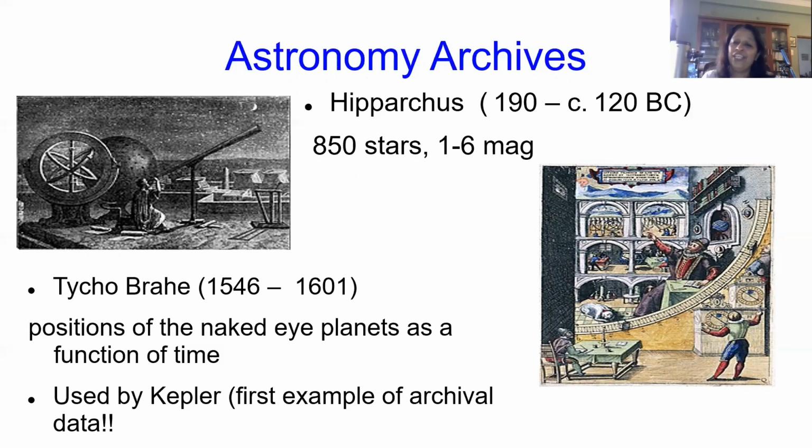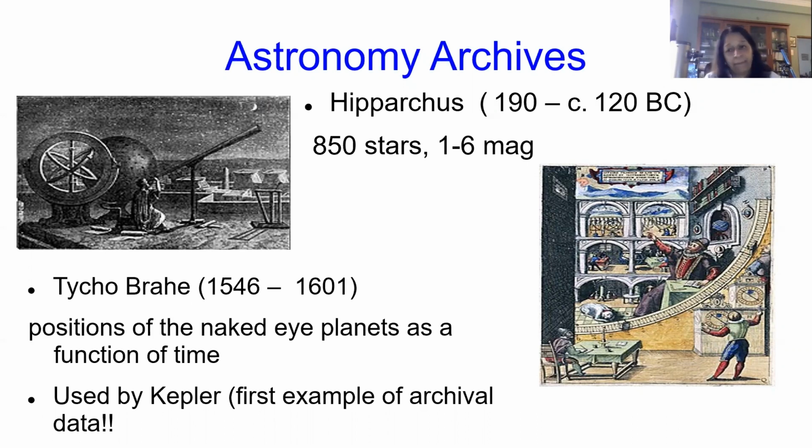Now, Kepler actually used Tycho Brahe's data to study planetary motion. You know, these were the times when people were still arguing about whether we had a geocentric system or a heliocentric system. And the basis of that would have been the observations of planets. So if you actually observe planets, see how they are moving, you can decipher what kind of orbits they have to understand the structure of the solar system.